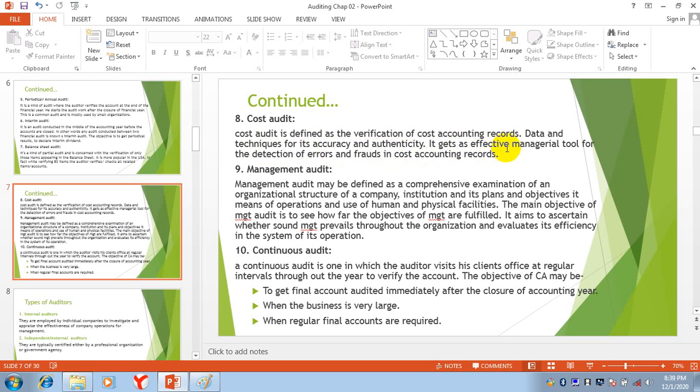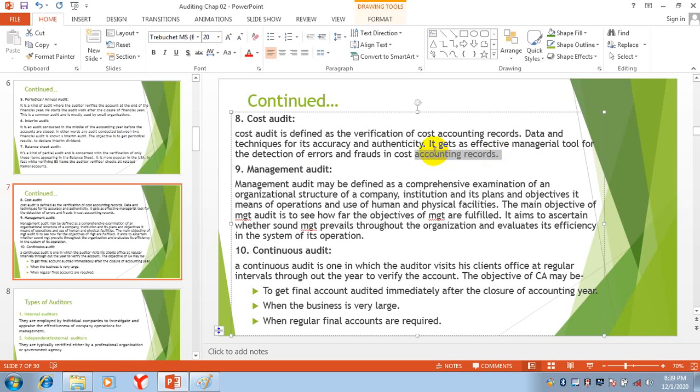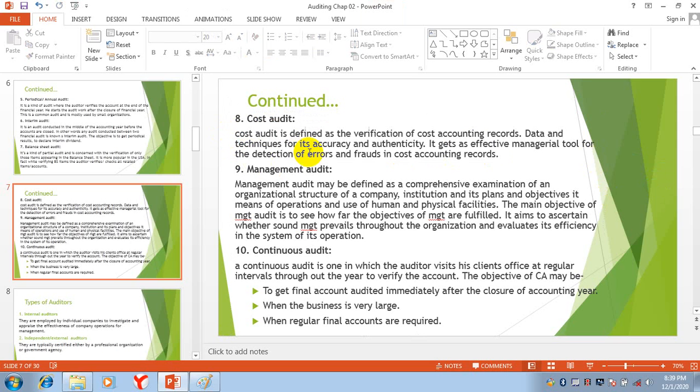It acts as an effective managerial tool for detection of errors and frauds in cost accounting records. Here our purpose is the detection of errors and frauds only in cost accounting records, manufacturing. So cost audit is used in manufacturing concerns simply.